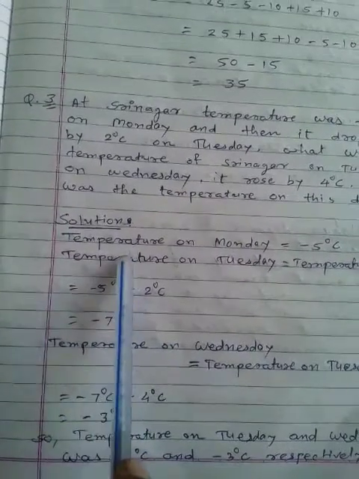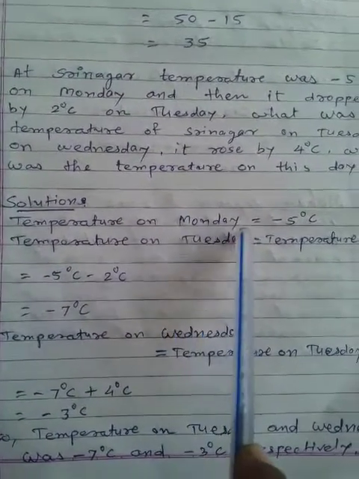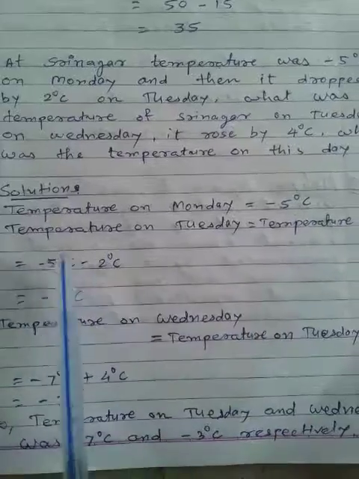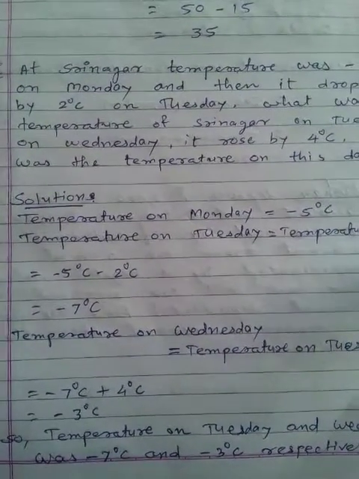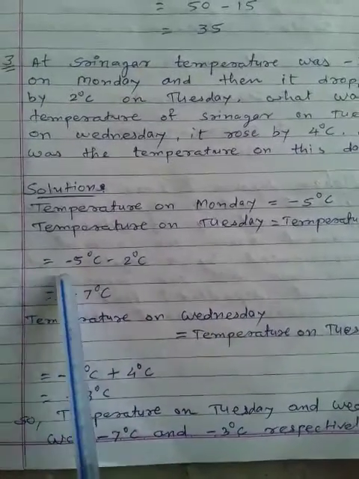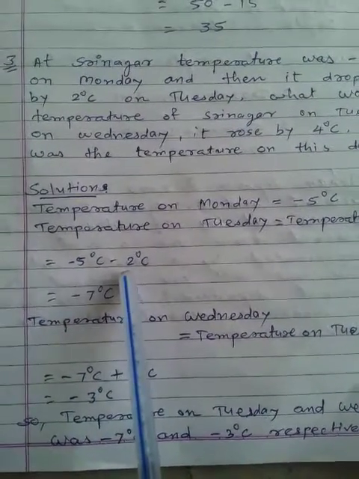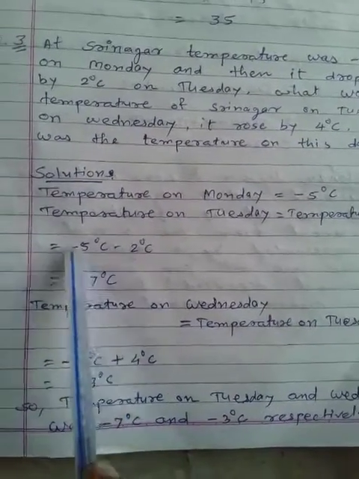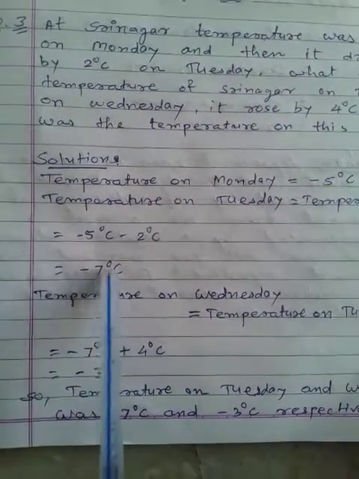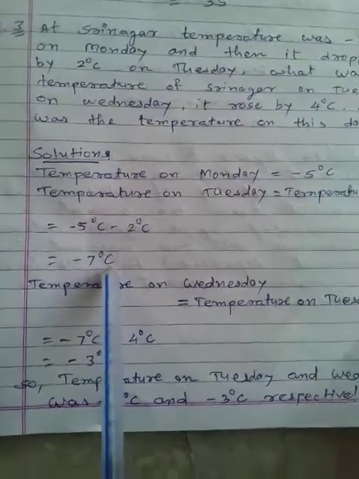Solution: temperature on Monday is -5 degrees Celsius. Temperature on Tuesday is equal to temperature on Monday minus 2 degrees Celsius, which is -5 minus 2. So minus 5 minus 2 is minus 7 degrees Celsius.